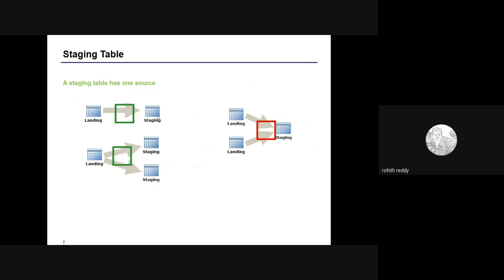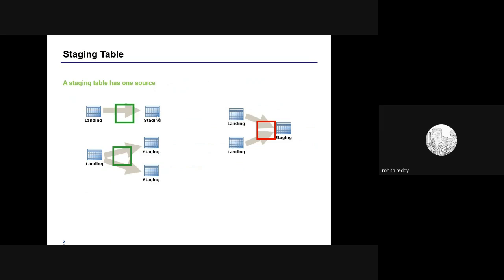We cannot combine the party stage table and address stage table. And suppose one landing table is loading the party data, the same landing table we cannot use for loading the address stage table. Why? Because this landing table is configured for party columns, right?